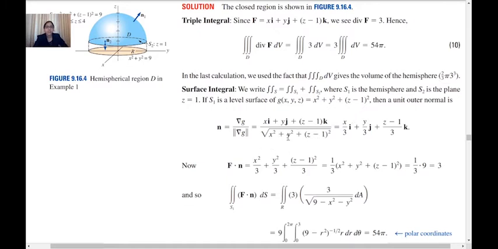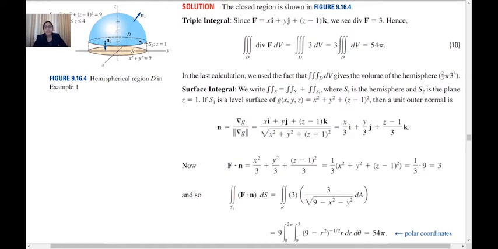We know this is equal to 9, so the root of 9 is 3. So we get x/3 i plus y/3 j plus (z minus 1)/3 k. So we know what n is.